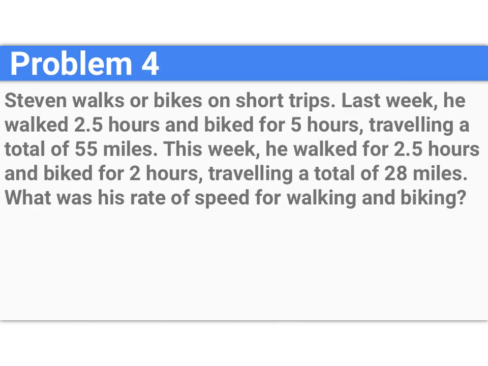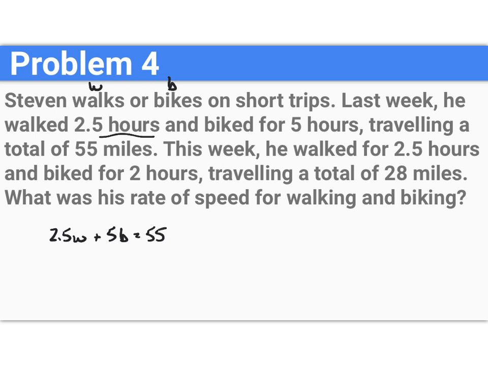Problem 4. Stephen walks or bikes on short trips. Okay, so here's our variable. Walks, bikes. Last week, he walked 2.5 hours and biked 5 hours, traveling a total of 55 miles. So we got 2.5 walked plus 5 biked equals 55.